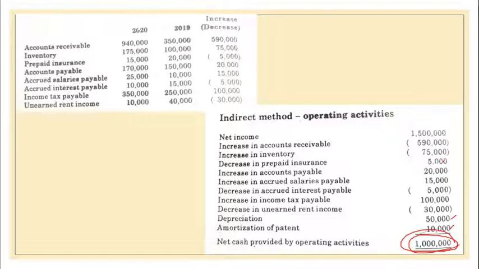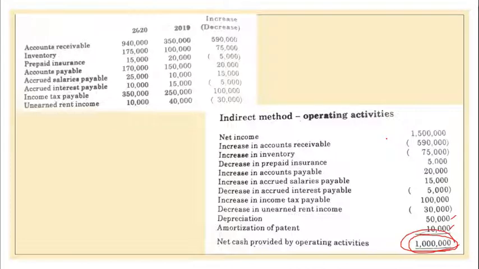So the indirect method, the difference between the two, is not applicable when it comes to financing and investing activities. I hope you understood.